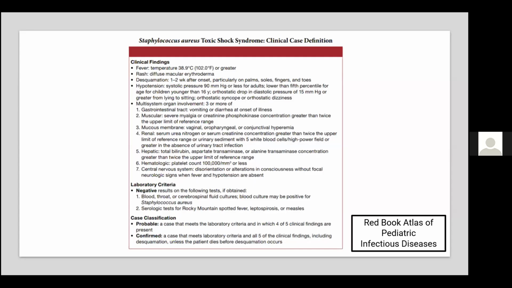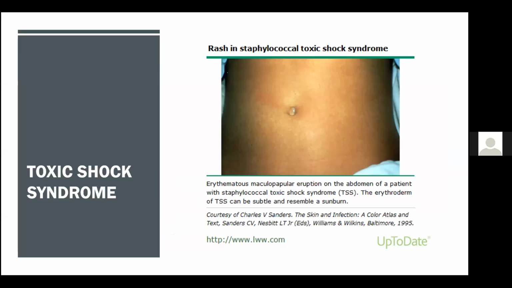I'm not going to go through all the definitions and all the clinical findings, but there are different definitions for staphylococcal aureus toxic shock syndrome and for streptococcal toxic shock syndrome. And the rash you can get in staphylococcal toxic shock syndrome can be an erythematous macular-papular eruption on the abdomen, and it can look quite similar to sunburn or a chikungunya type rash.